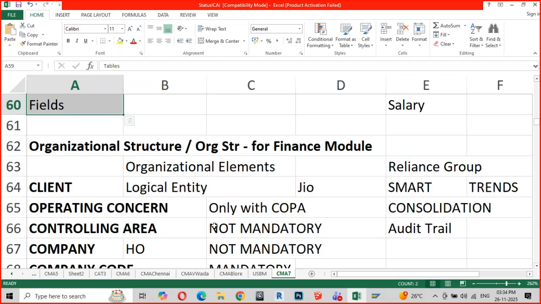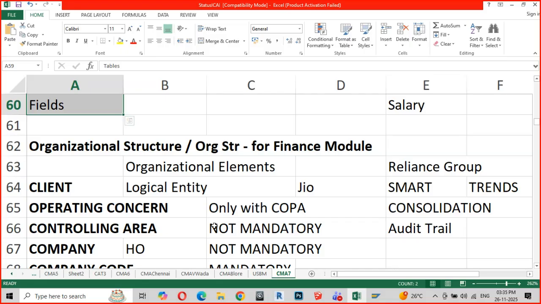It is required only and only when you have your COPA module, which forms a very critical component in your controlling and costing module.